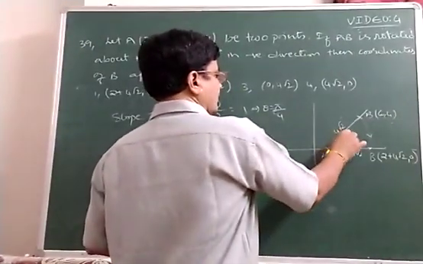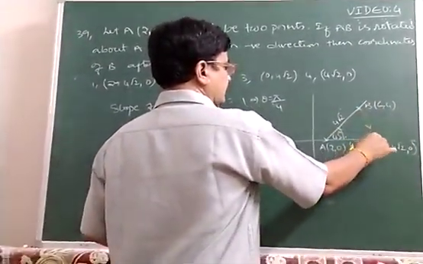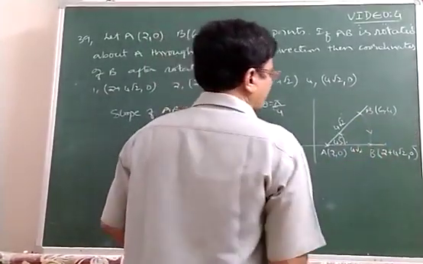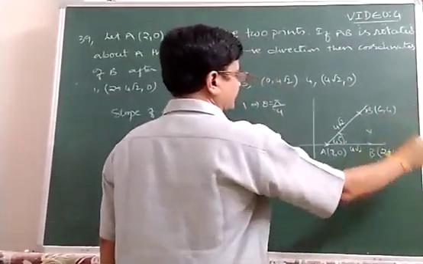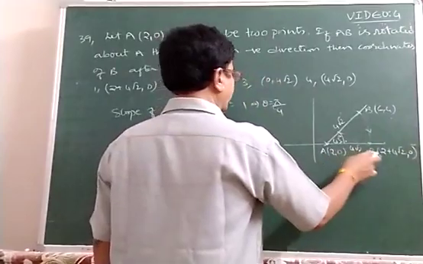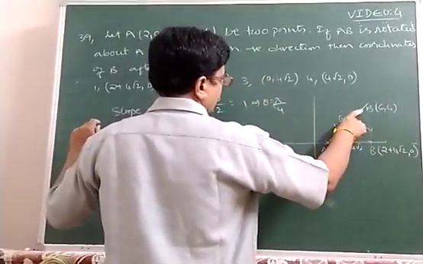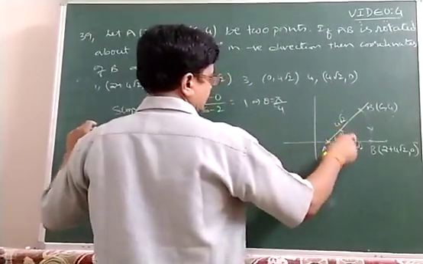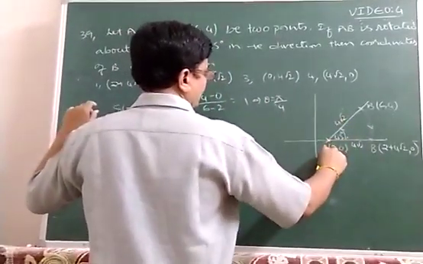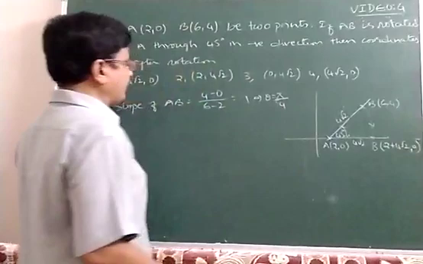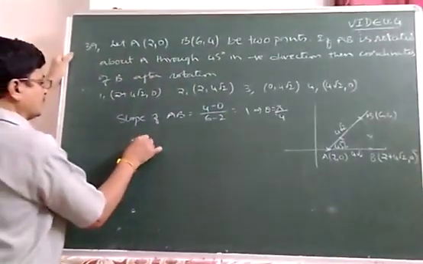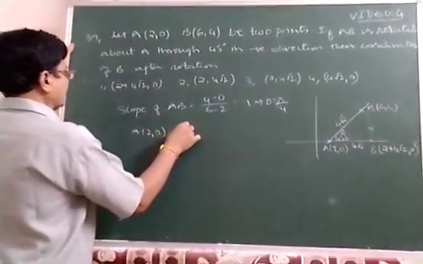So the point B lies on the x-axis. On the x-axis y is always 0, and how to find x? The distance between AB is also 4 root 2; distance is unaltered. So from verification, A is (2, 0) and the new point B dash is (2 plus 4 root 2, 0).